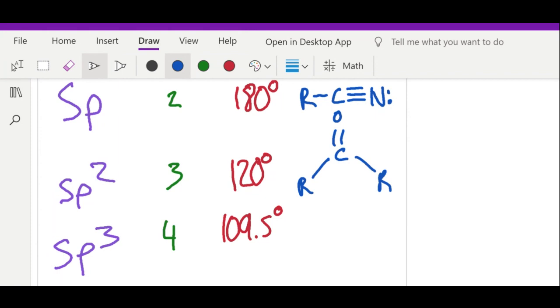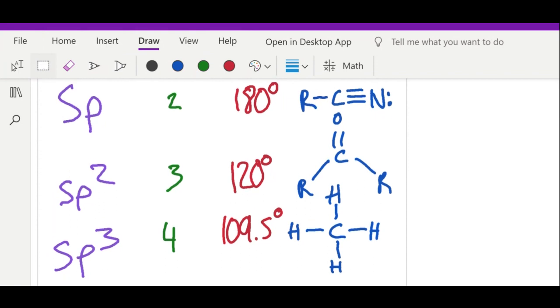Okay, now let's go to sp3, which is going to be an example of methane, which is CH4. Okay, so as you can see, carbon is bonded to 4 electron domains. All right, it's as simple as that.